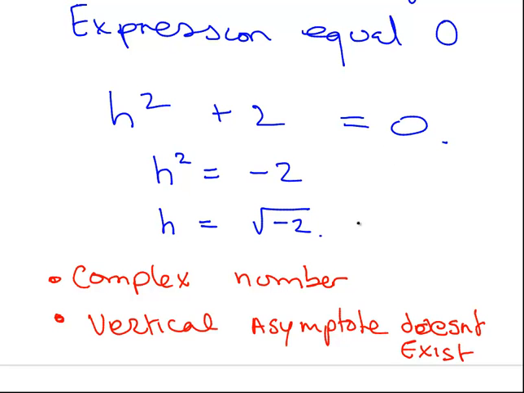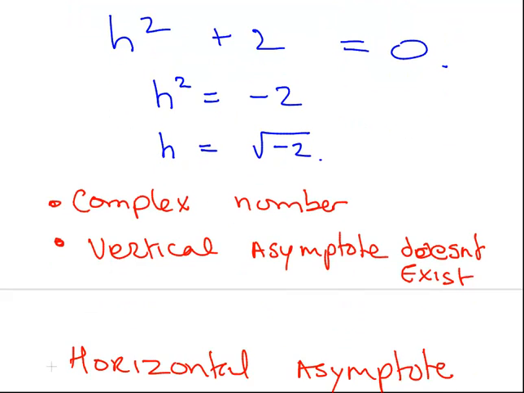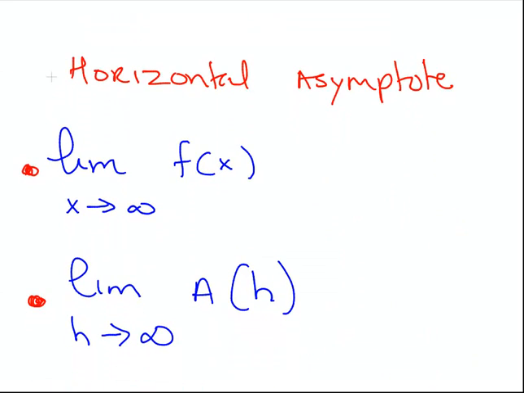It doesn't give us a nice, neat number. It's not on the plane. We have a very simple plane, a and h or x, and complex numbers don't exist in that. So with no viable solution, the vertical asymptote doesn't exist. That was indicated by the question earlier on.